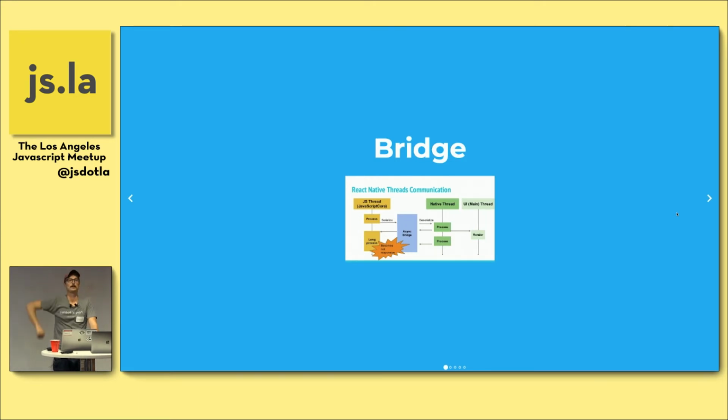So, in the browser, JavaScript is running on one thread, essentially. Same is true for your iOS and Android. They have multiple threads, but the connection to the actual platform goes through one thread.